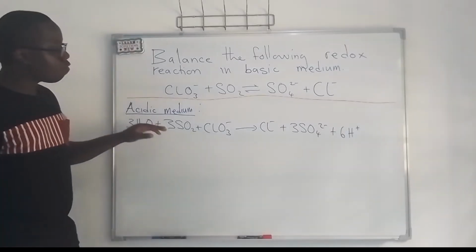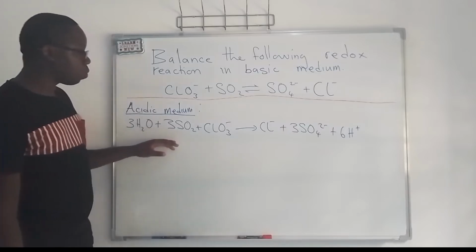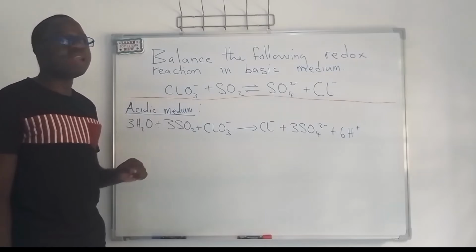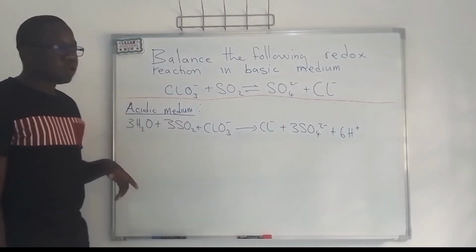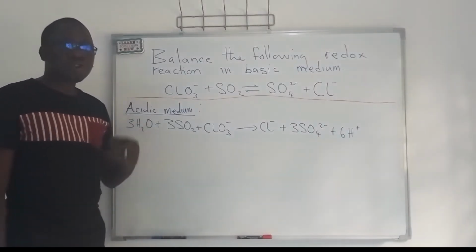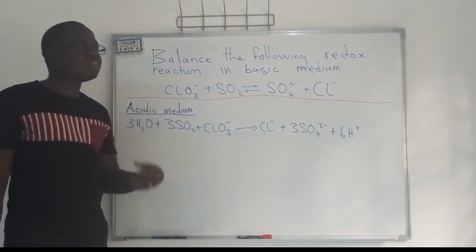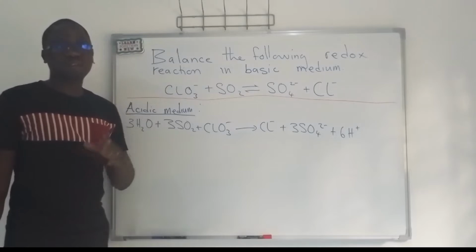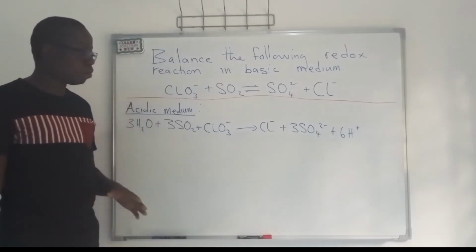Now, when you have the acidic medium equation, that's where we start from when balancing in basic medium. So put simply, you cannot balance an equation directly in basic medium without balancing it in acidic medium first.